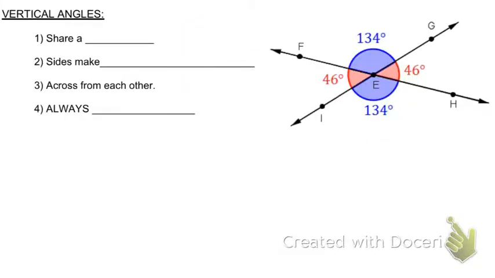Vertical angles. Talking about vertical angles, okay? So we're not just saying vertical like up and down like a vertical jump. Vertical angles is a different classification. They're a special type of angle relationship. Vertical angles share a vertex. In this case, they would share the vertex point E. Their sides will make two straight lines.